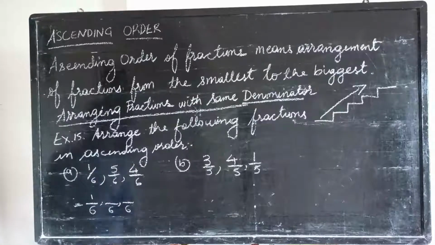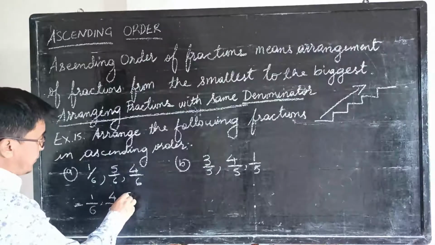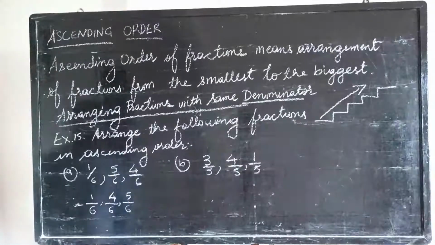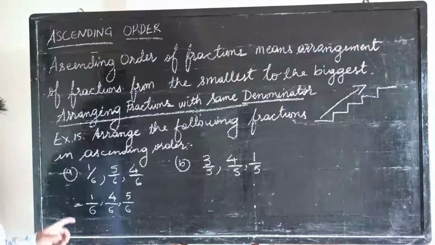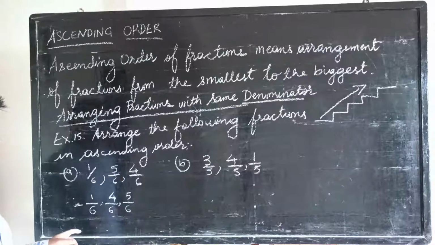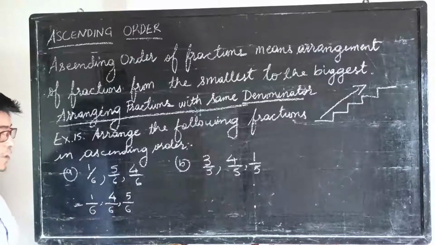Which is smaller? 4. 4 comes next and the last one is 5. So when you arrange in ascending order and the denominators are the same, the fraction with the smallest numerator comes first, and the fraction with the biggest numerator comes last. This is ascending order now.